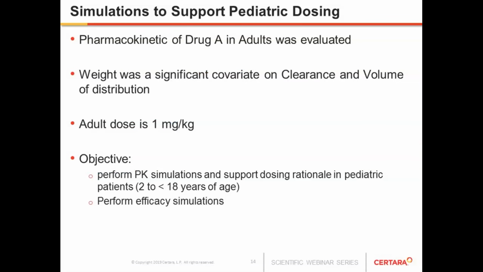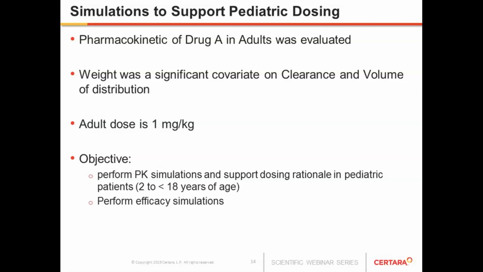Thank you, Justin. In order to show examples of what Justin talked about, I'll be presenting results of simulations for a drug. We're not showing the PK of the drug here, but the pharmacokinetics of the drug was evaluated in adults using population PK analysis.